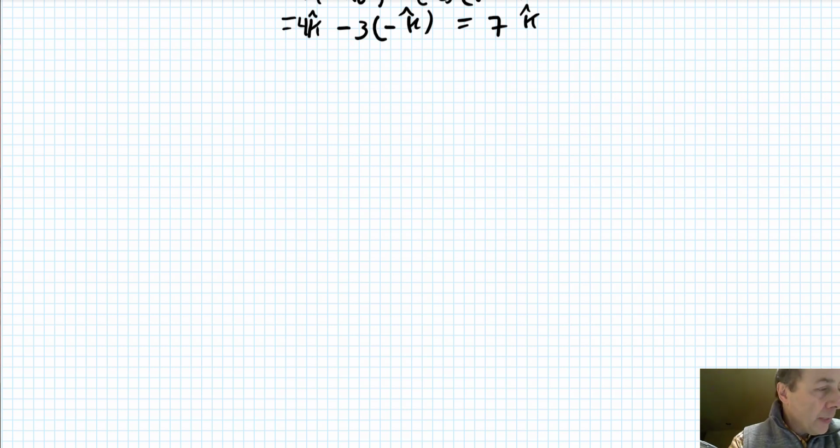Okay, so in 3D, it gets a little more complicated. 3D component form.